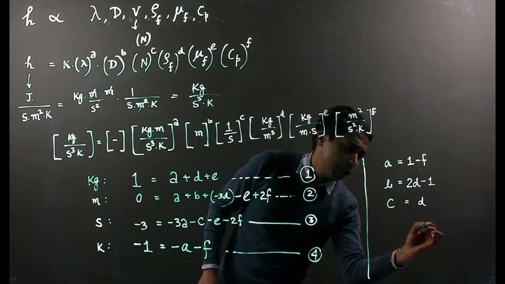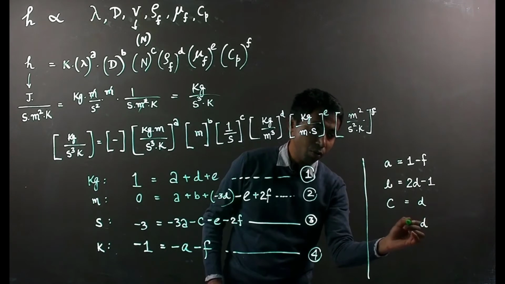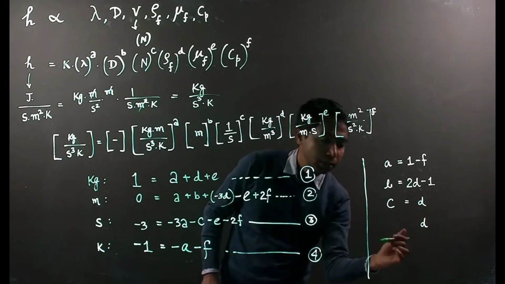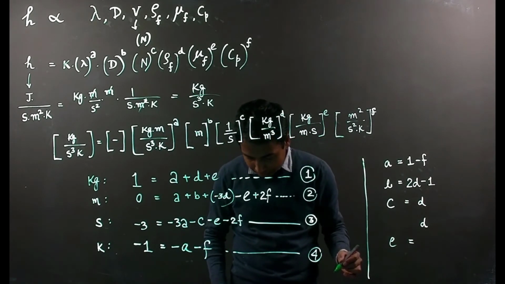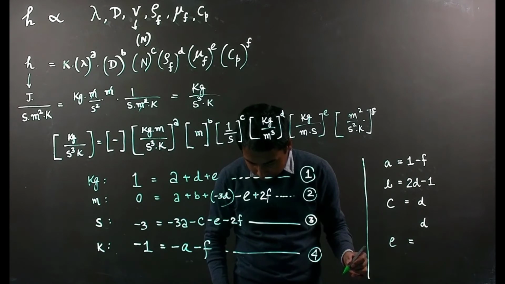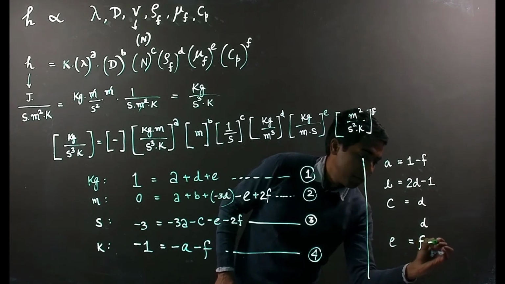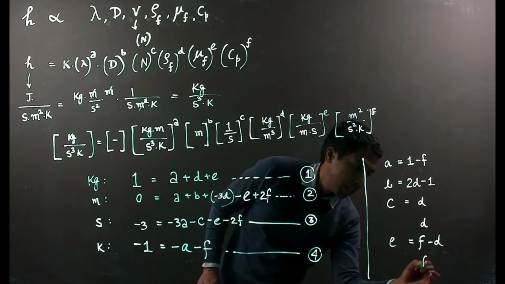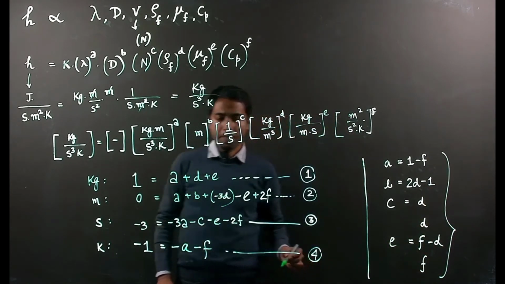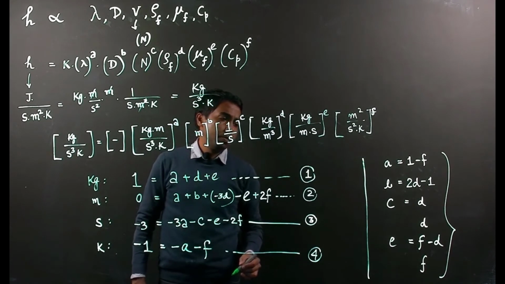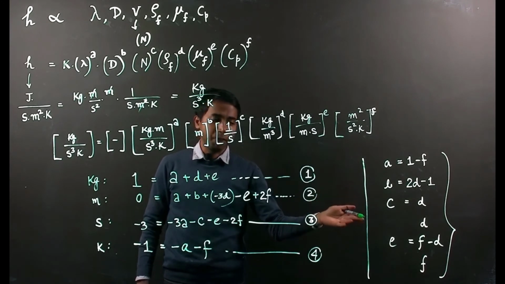We have chosen in this particular variation to express everything in terms of d and f, so we are not going to write any expression for d. e is the same as f minus d. And finally, again, for f, we do not write any expression because we expressed everything in terms of either d or f.